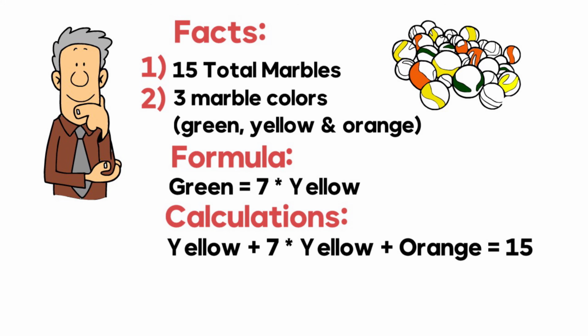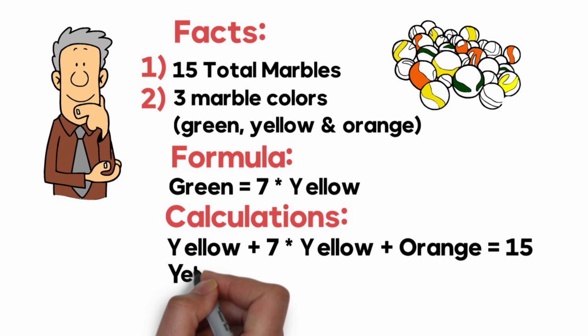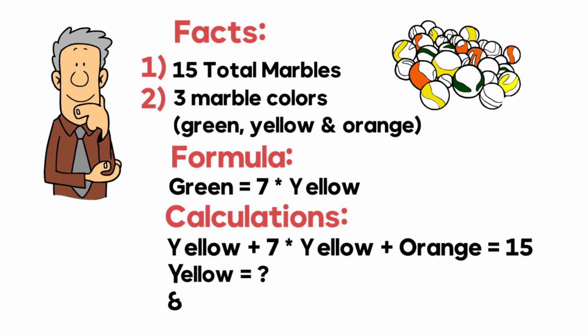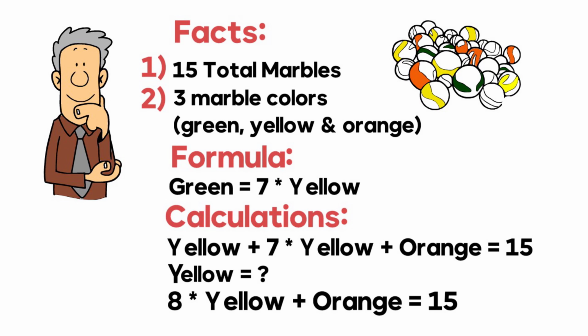Because 15 is a relatively small number, we can start guessing how many yellow marbles are in there. Our ability to solve this challenge is based off of the fact that there is a very small number of total marbles. If we simplify the formula, we get 8 yellow marbles plus however many orange marbles equals 15.